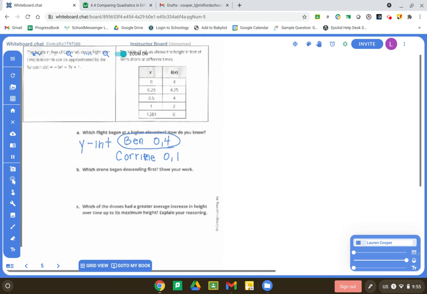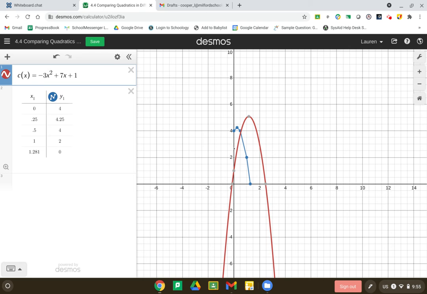Then this says which drone began descending first. So here we have the peak, and it looks like it began descending after 0.25. And then for Corinne, it began descending after this 1.17.